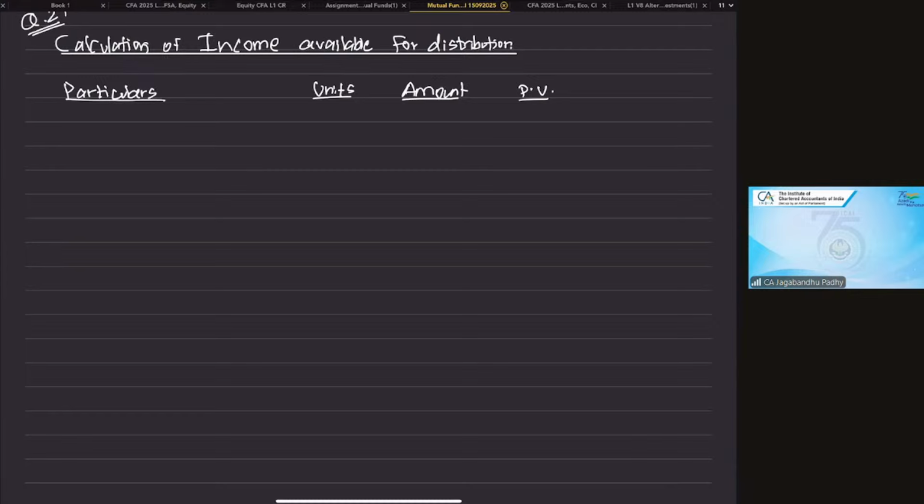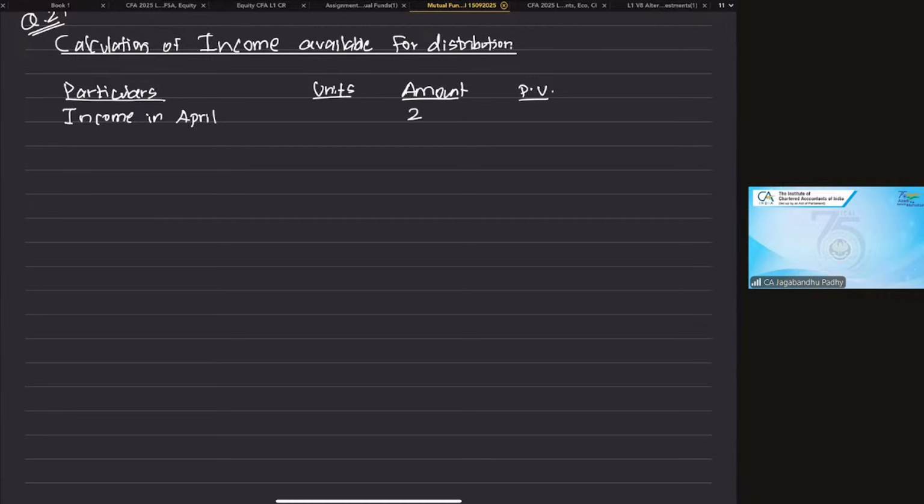We have the particulars. So what is the income in April? How much is the amount of income in April, guys? 22,950, that is 22.950 lakhs. Let's keep it as 22.95. And what is the number of units? 300.